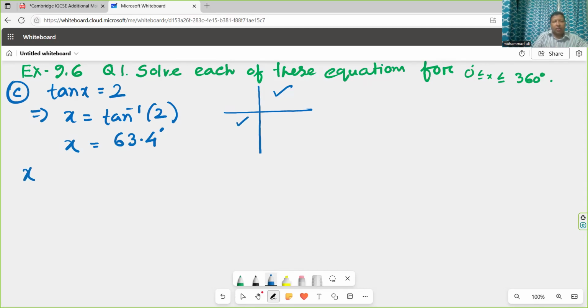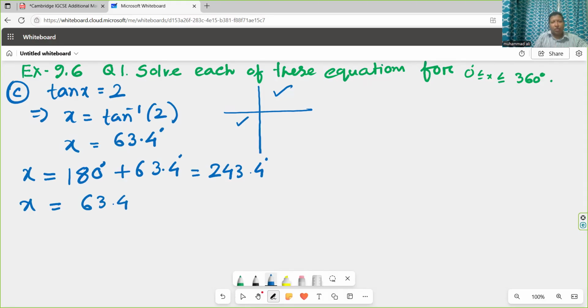So for another result where tan is positive, we get 180 degrees plus 63.4 degrees. After addition, we'll get 243.4 degrees. So the answer: x equals 63.4 degrees, another answer 243.4 degrees.